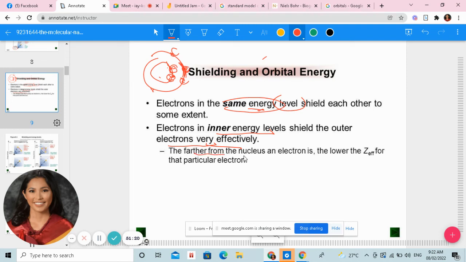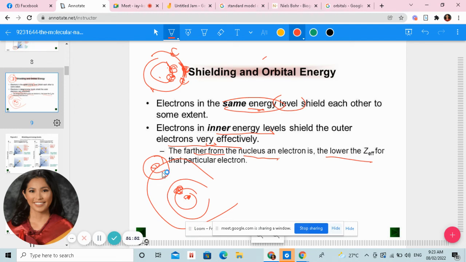Electrons here are covered by the inner electrons very effectively. The farther an electron is from the nucleus, the lower the nuclear charge for that particular electron. Because again, nuclear charge is the attraction of your electron towards the nucleus.